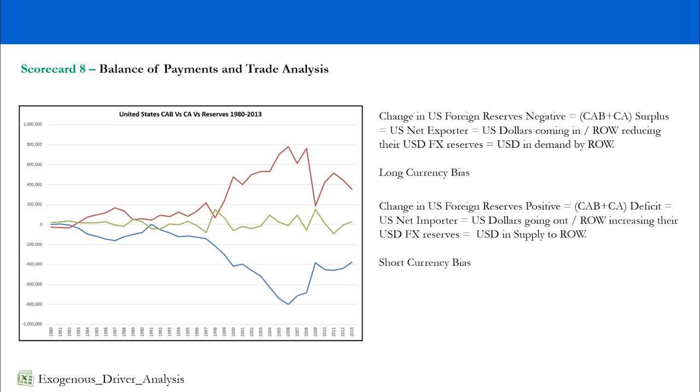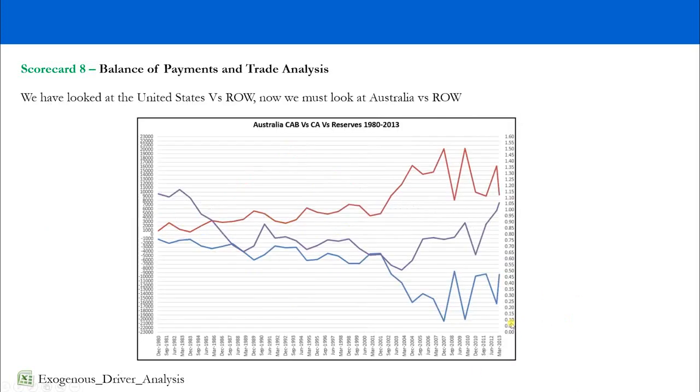So we're leaning towards this situation, but what we actually have to do is compare the accounts relative to the country that we choose to look at or choose to analyze when we're looking at it from an exogenous perspective. So we have to actually look at the same situation for Australia. So we've looked at the United States versus the rest of the world.